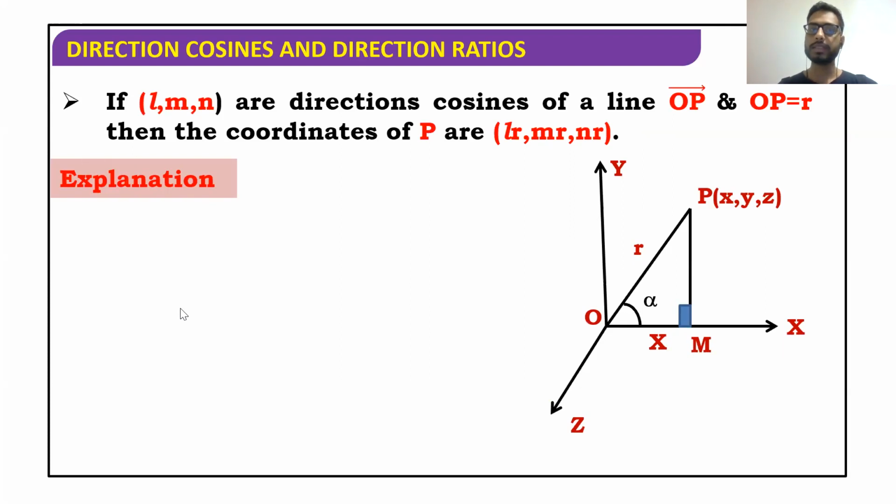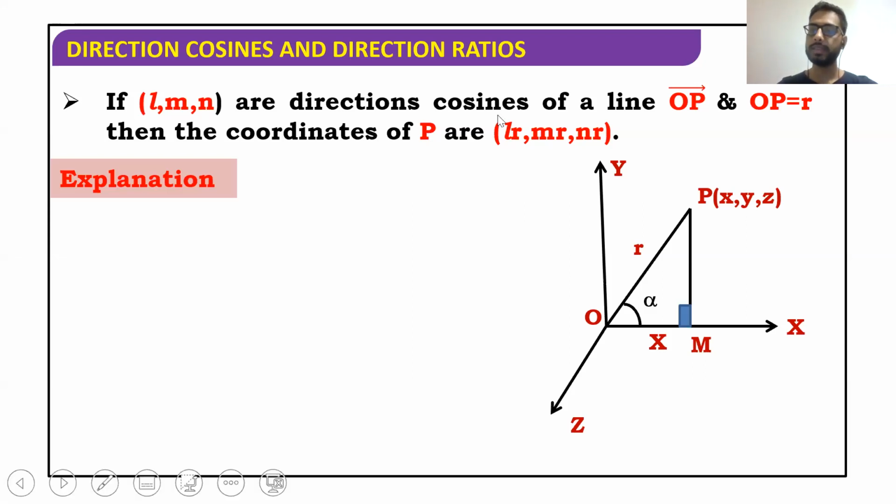The direction cosines, if we are going to see them with respect to a perpendicular, with respect to a point P which has coordinates x, y, z, and the length of that point is r, then I can say that direction cosines are Lr, Mr, and Nr. Okay, perfect.